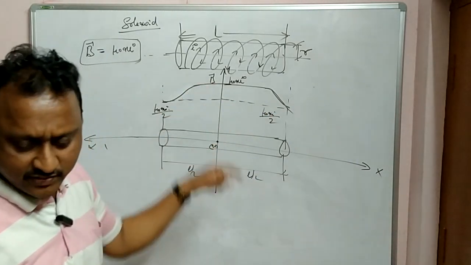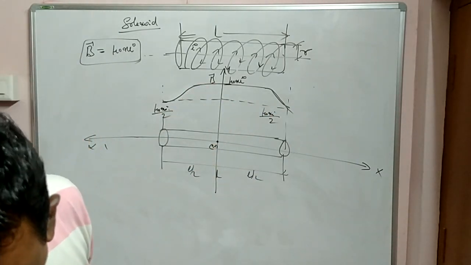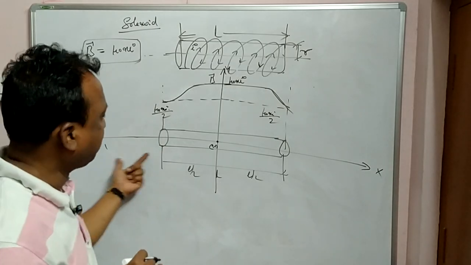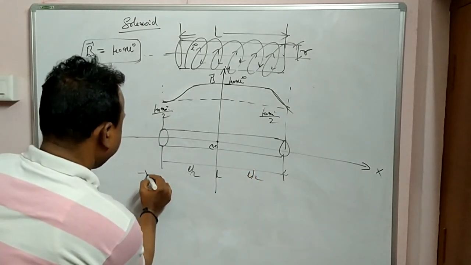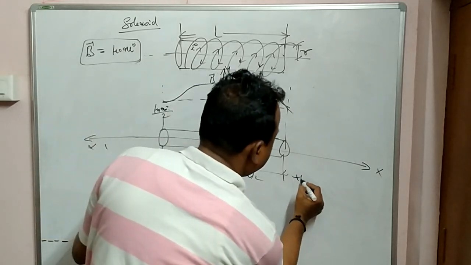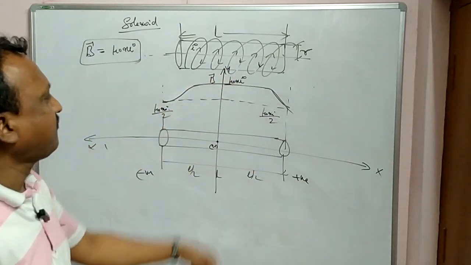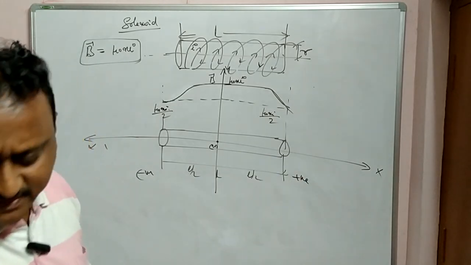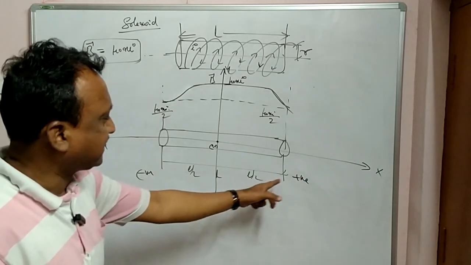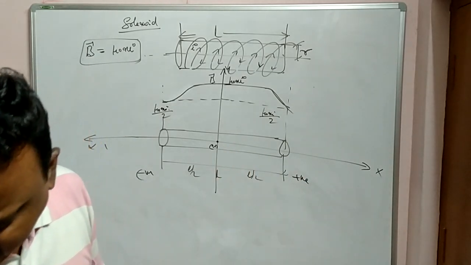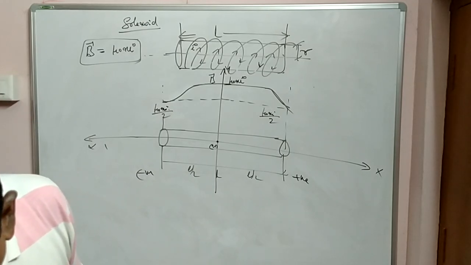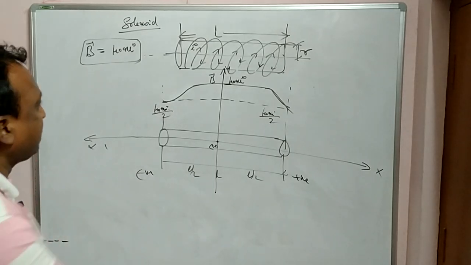At the center the value is maximum, mu naught N i. This is the graph for magnetic field versus x distance, where x is the length. Clear?